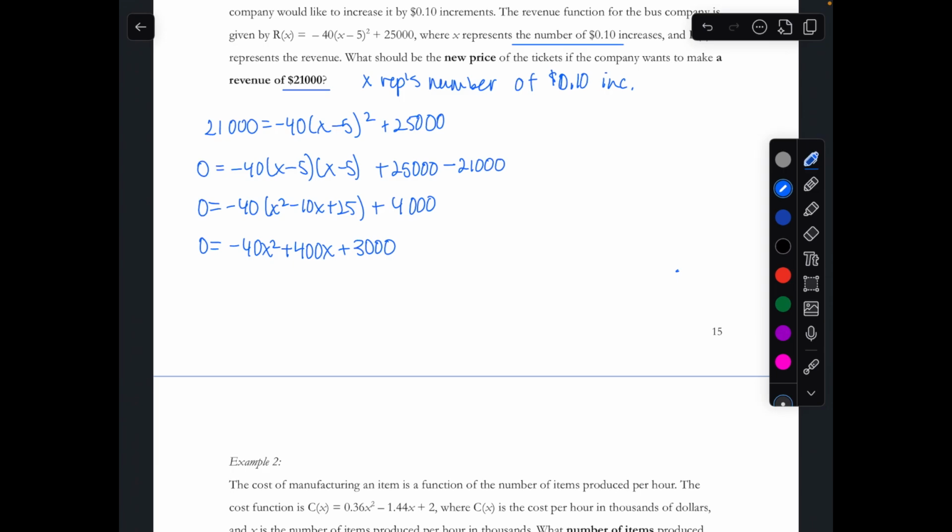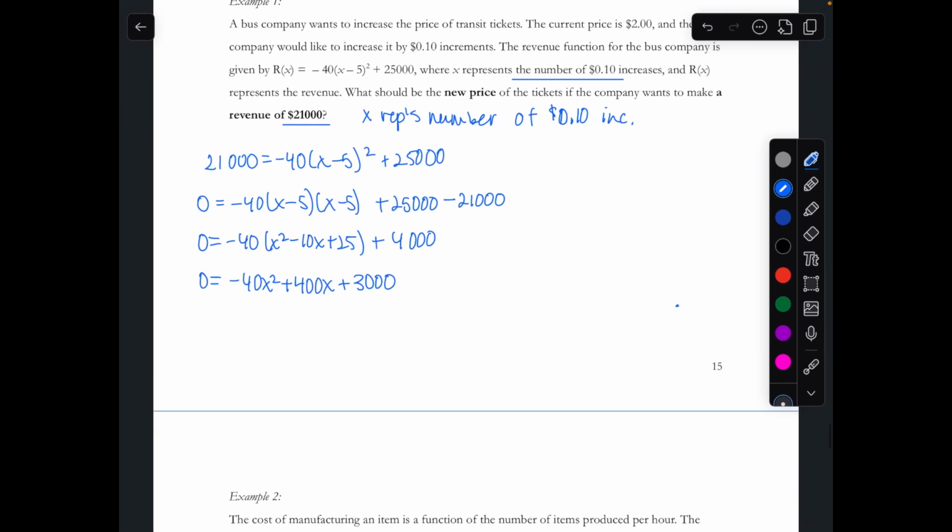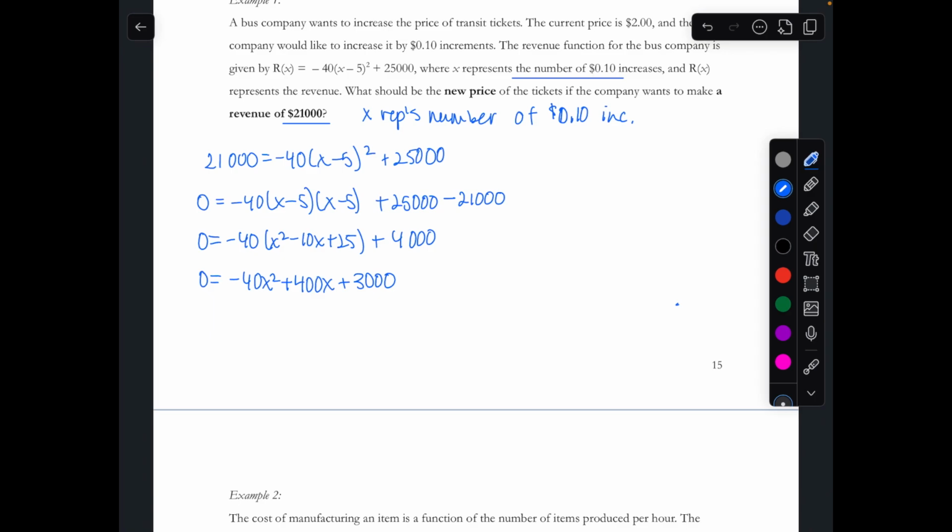Okay, so what I want to do is find the zeros of this, because that gives us the two solutions for x in this equation. There are a few ways I can do it. I can try using polysolve, I can factor and use the zero product property, or I can use the quadratic formula. It's totally up to you.